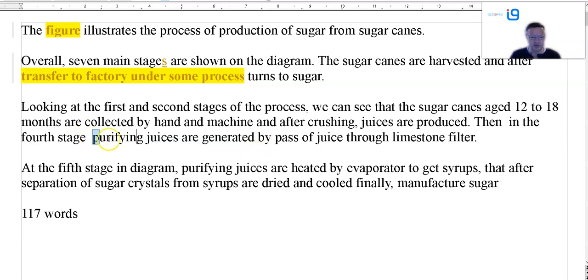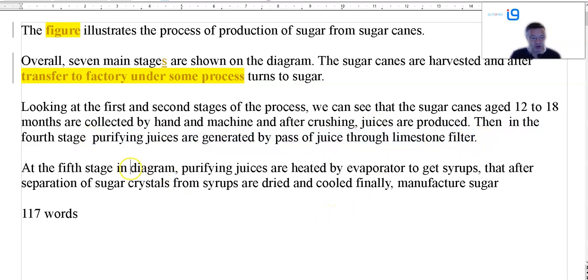So, right, I'm not going to rewrite this and type it out. I haven't got time. So the purified juices. So the juice passes through the filter and is purified or filtered. So that needs rewording. That doesn't really work.